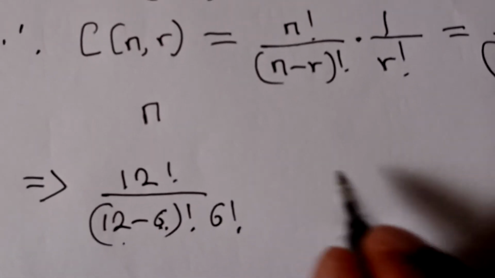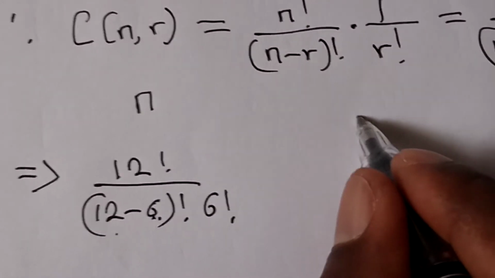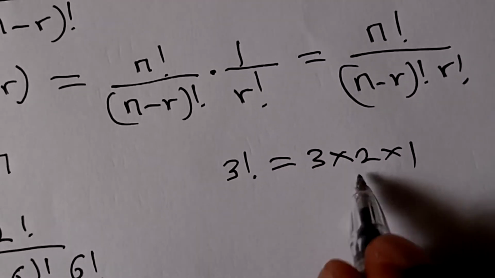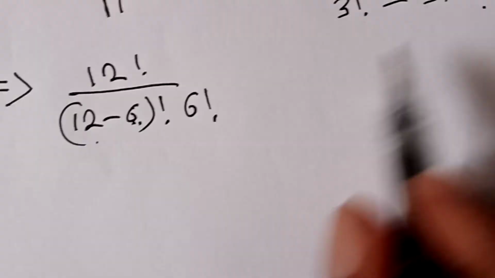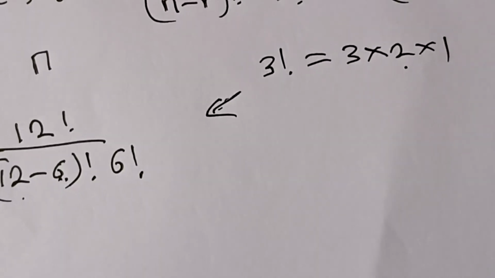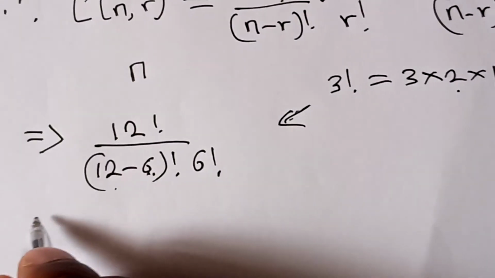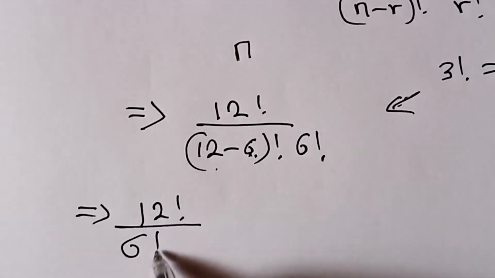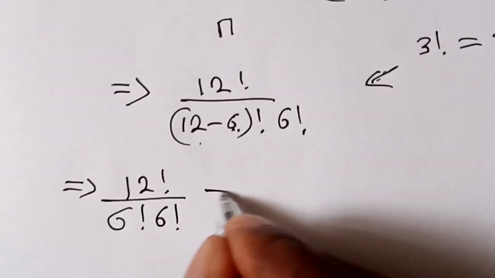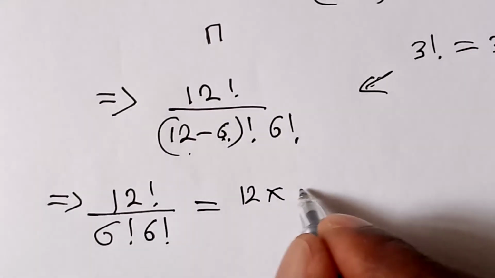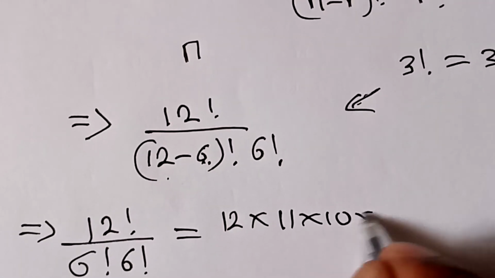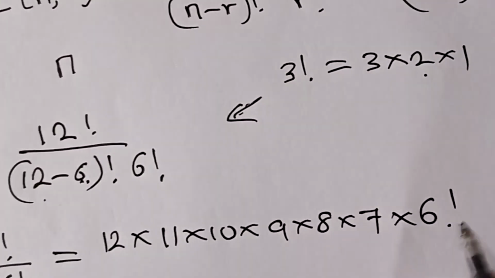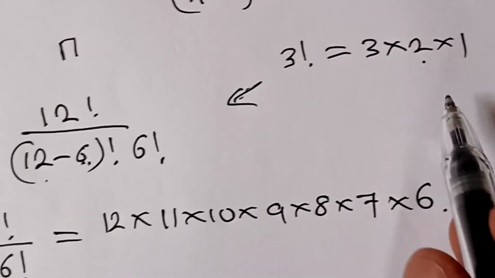And what we've seen from permutation is that if I have 3 factorial, this means I expand it as 3 times 2 times 1. So following this and implementing it here, we are going to have 12 factorial divided by 6 factorial, which is equal to 12 times 11 times 10 times 9 times 8 times 7 times 6 factorial, because 6 can continue until we multiply by 1.